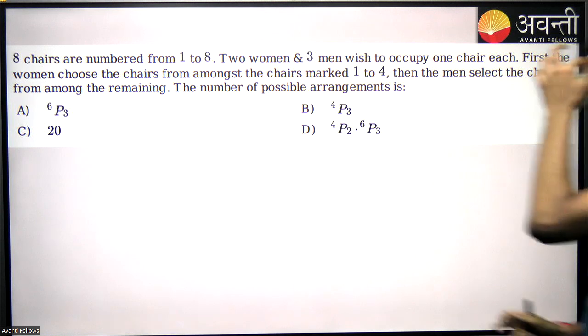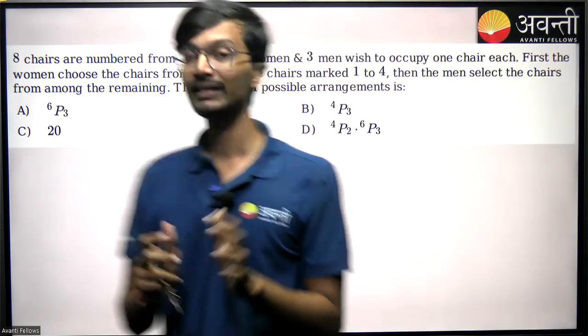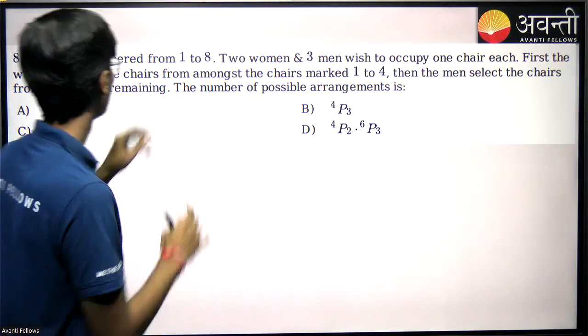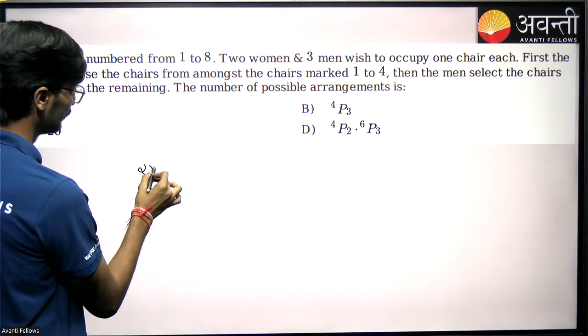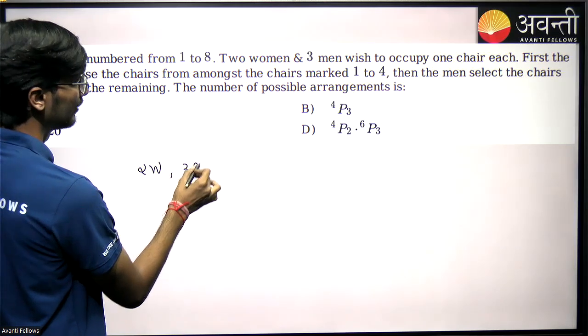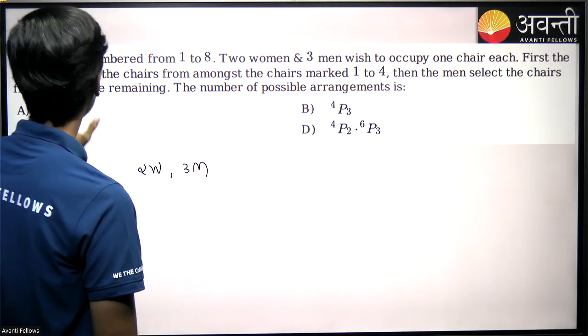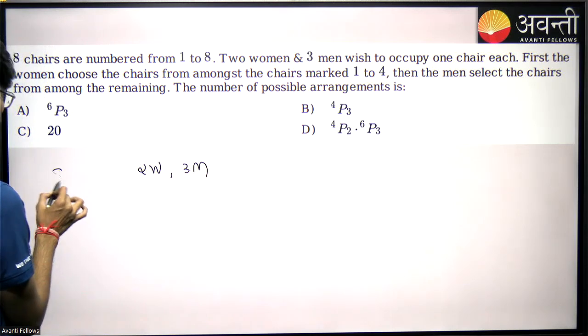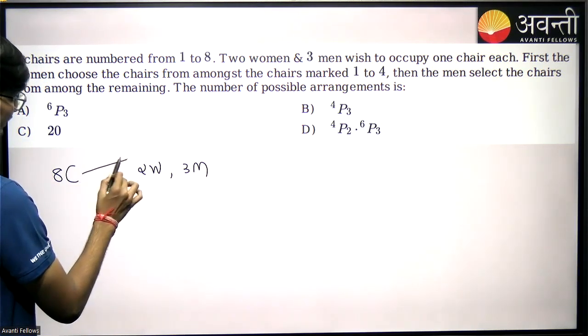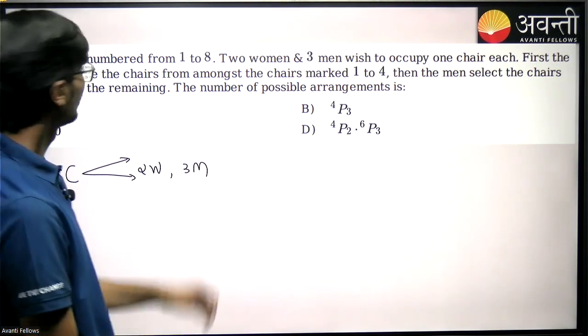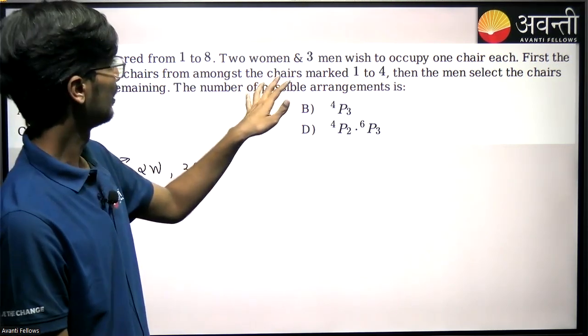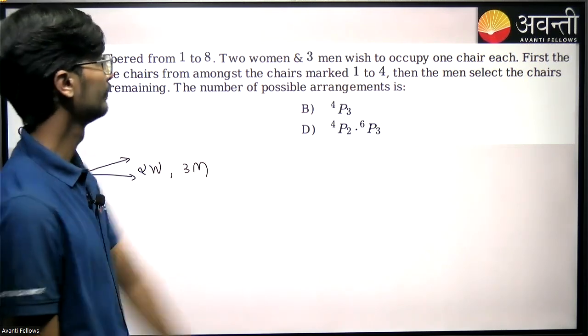Yeah, this is a question on PNC. So there are 8 chairs numbered from 1 to 8. There are 2 women and 3 men, right? And we have 8 chairs. So 8 chairs are to be distributed among 2 women and 3 men. So first, the women choose the chairs among the chairs marked 1 to 4.